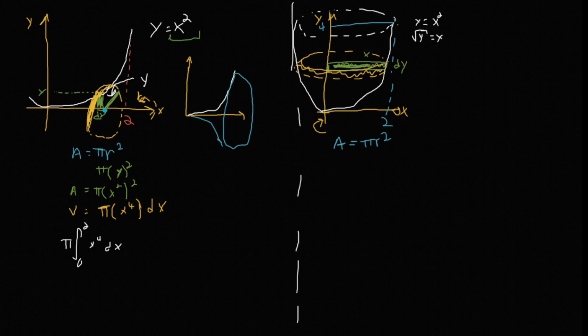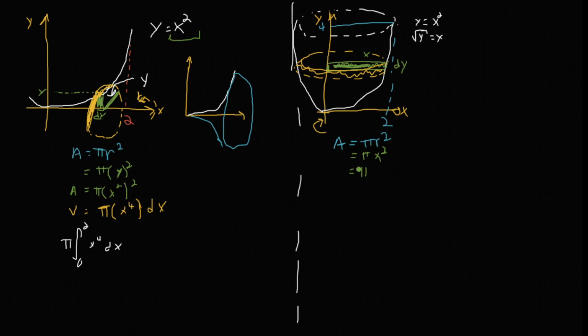And r, what did we figure out r was? r is x. So the area is pi times x squared. We're looking in the x direction, and we're rotating about the y-axis. So this is actually pi times x squared. What is x? Square root of y.